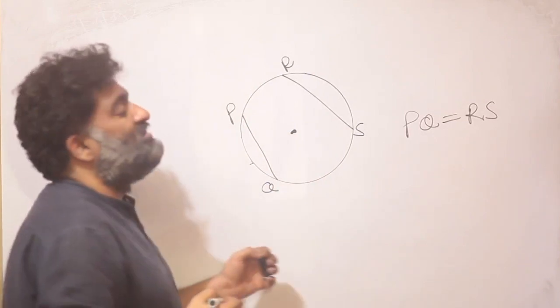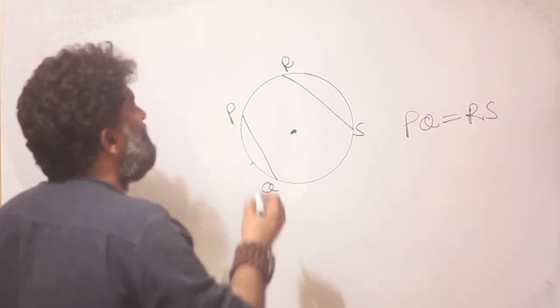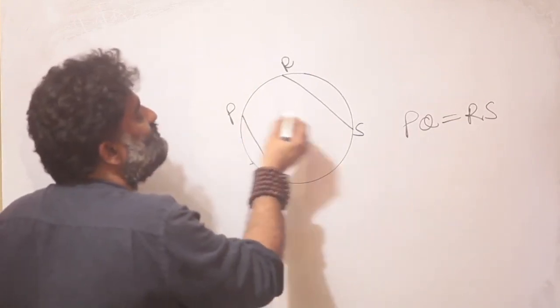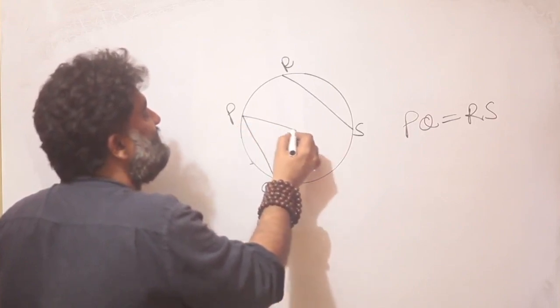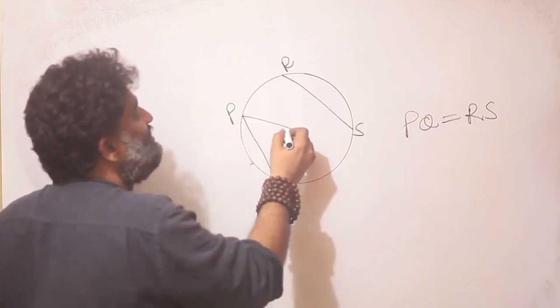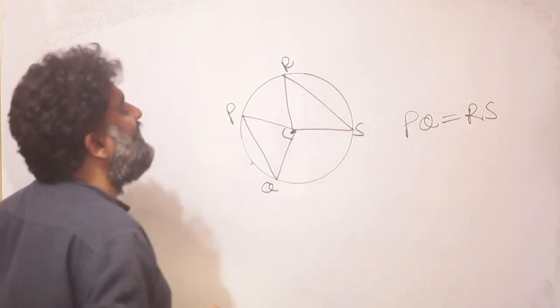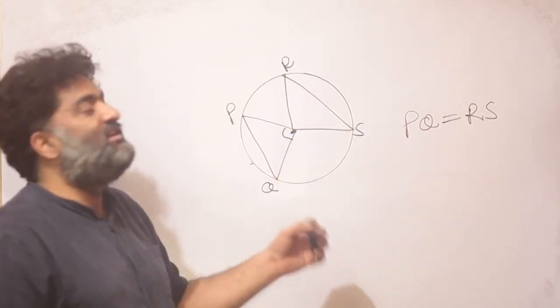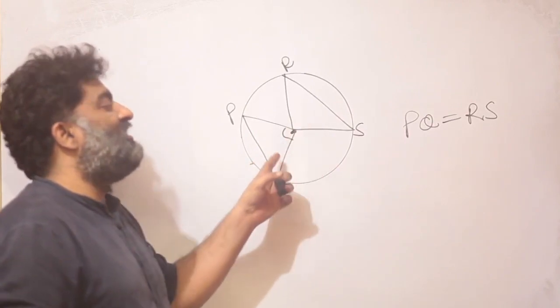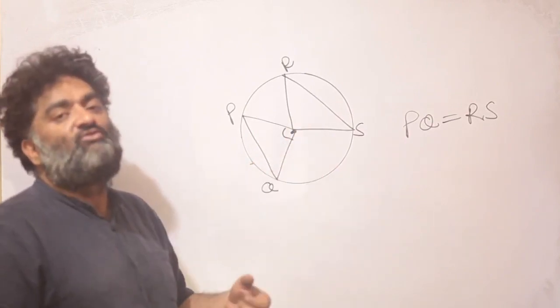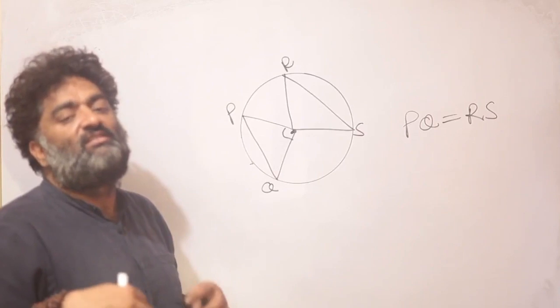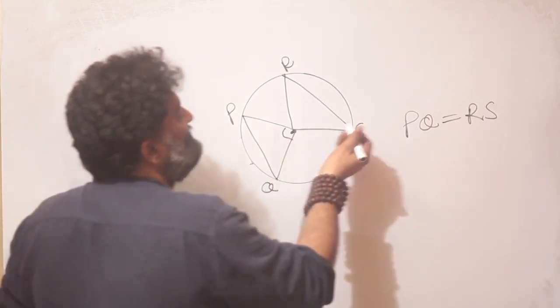What information can I derive or deduce about the angles that these chords will subtend at the center? That means angle POQ and angle ROS. What can I conclude, derive, deduce about these two angles? And how will I derive, deduce? Using the tools that I have learned earlier, right? So let's look at it step by step.